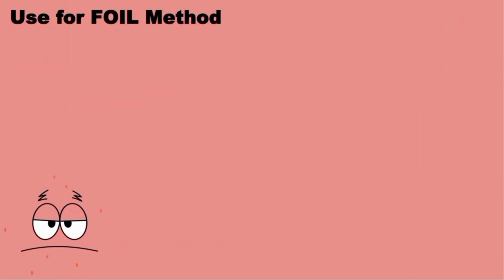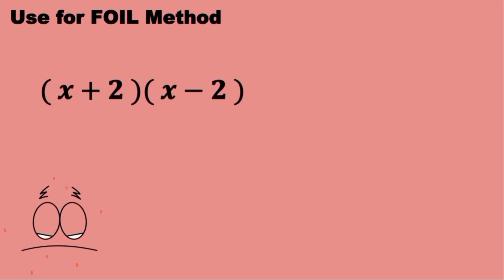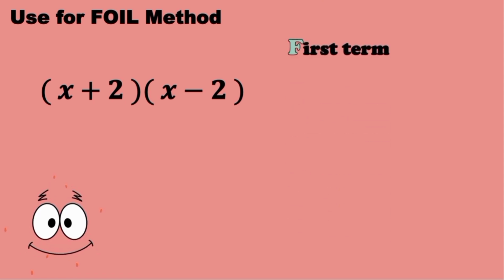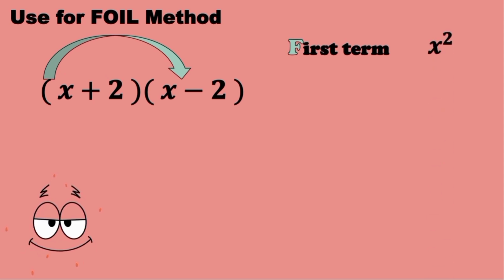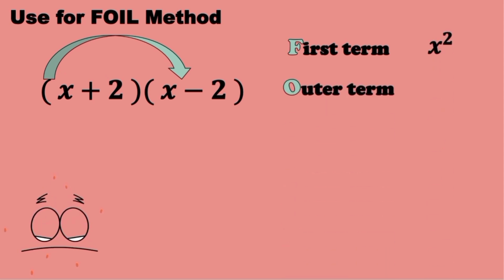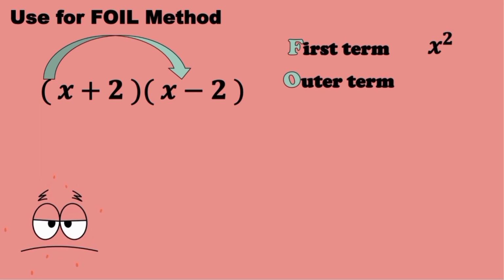Now this time, we will use the FOIL method. x plus 2 multiplied by x minus 2. First, multiply the first term. We have x multiplied by x. That is x squared. Now multiply the outer term. x multiplied by negative 2. That is negative 2x.